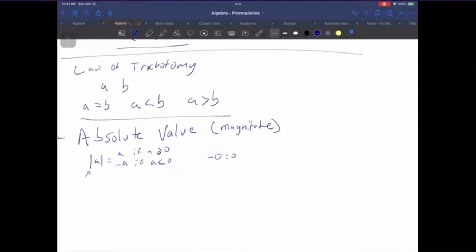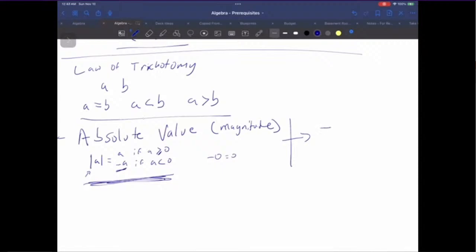Notice that this definition does not allow for an absolute value of any real number to be negative. If a is a negative number, then this negative a cancels it out. It will always be positive. And so that gives us a very interesting rule here.